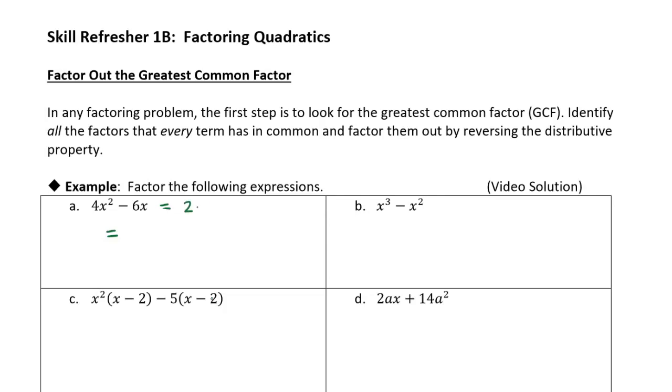This is 2 times x times x, and then this is minus 2 times 3 times x. I could write that all out, and then you could identify that both of those terms have a factor of 2, and they both have a factor of x.